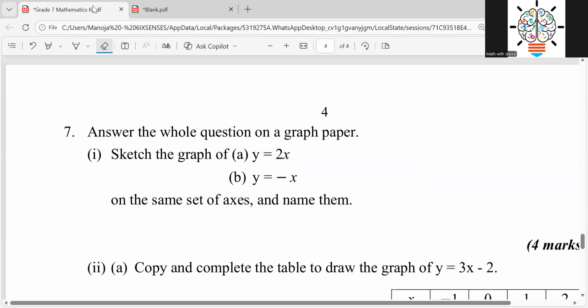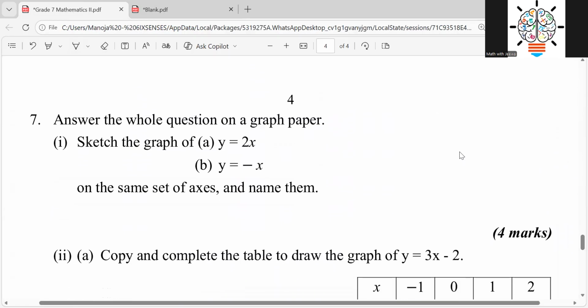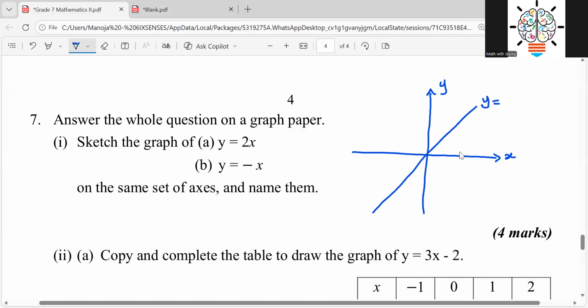But here I'm worrying, do we need to spend this much because they have given only 4 marks? If it is that, you can just show something like this also, the x and y, and then this is y equal to 2x, and then I draw something like this.